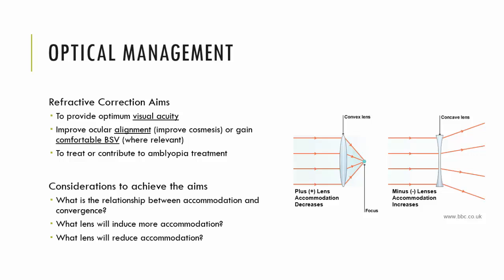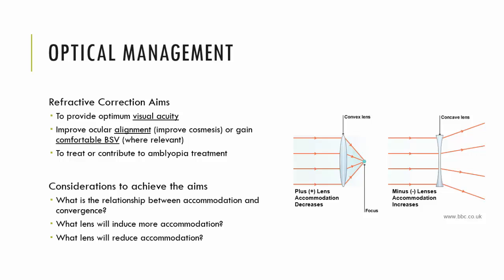Now, in order to understand the rationale behind why we prescribe what we prescribe in patients with ocular motility disorders, we need to go back to the relationship between accommodation and divergence or convergence. And we know that the more a patient accommodates, the more we have convergence, or accommodative convergence. So then we need to think about what lens will induce more accommodation and what lens reduces accommodation.